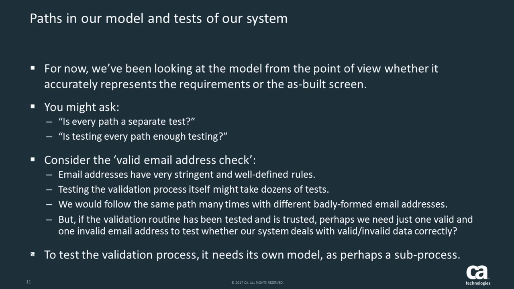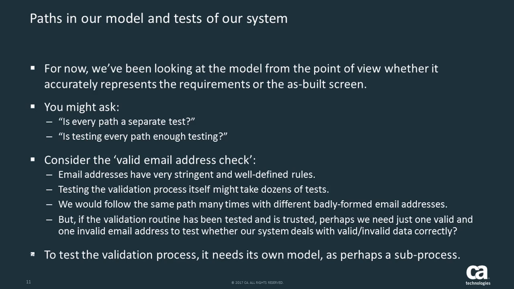if we are testing the validation routine. Now, suppose the email validation routine is a library that we reuse from our infrastructure. It's been tested and used many times. It's trusted. We don't need hundreds of poor email addresses to test the path that we are concerned with. So perhaps one invalid email address and one valid email address is enough to test whether our system deals with the valid or invalid data correctly.